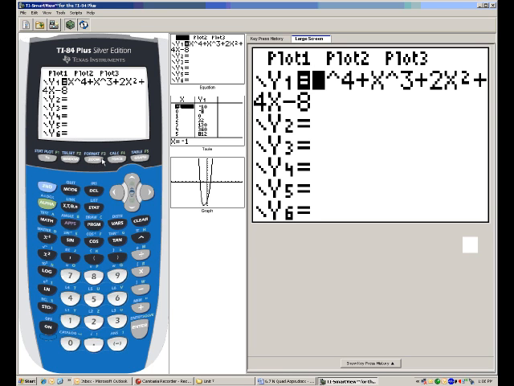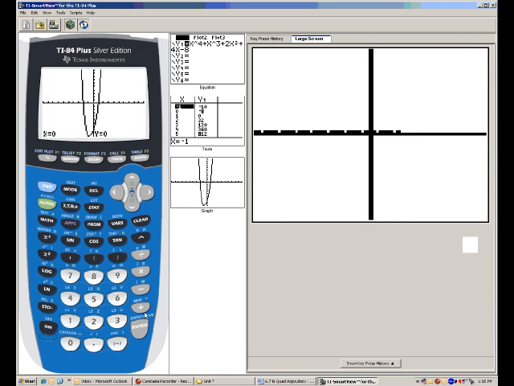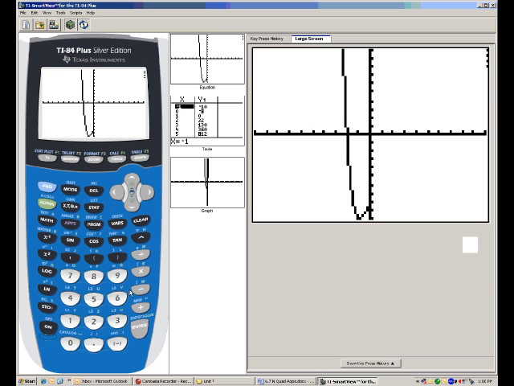Doesn't quite look like I want it, but that's okay. All right, let's zoom out a little bit, see if we can get a little better picture of this. Nope, that just made it worse. So we'll zoom 6 it again. All right, so ideas on what we could try.